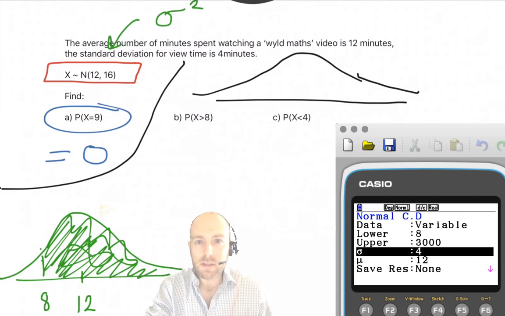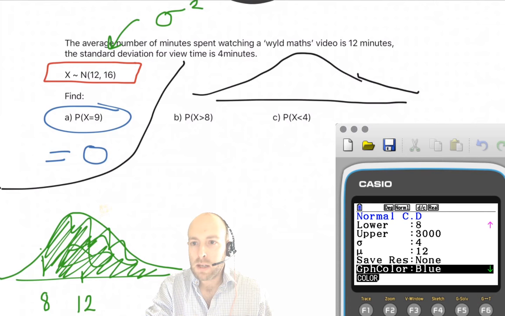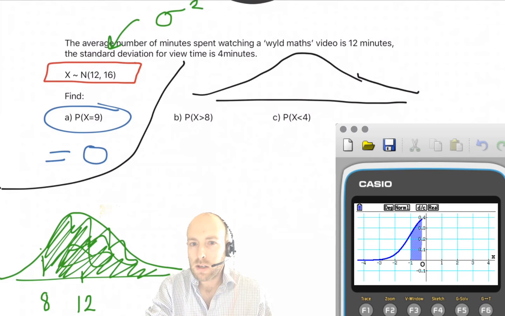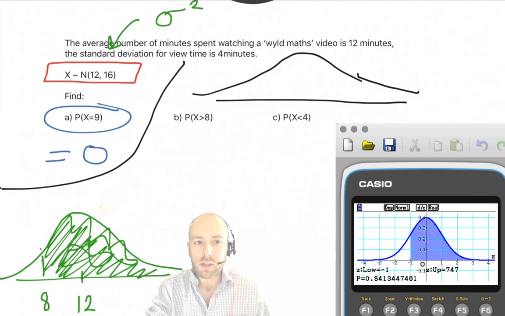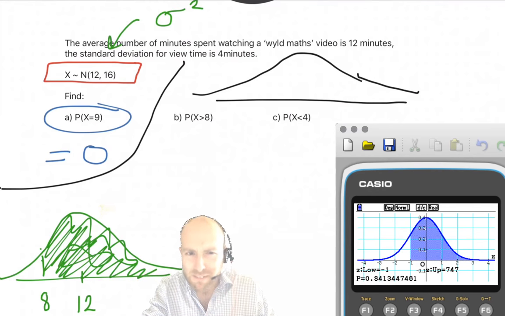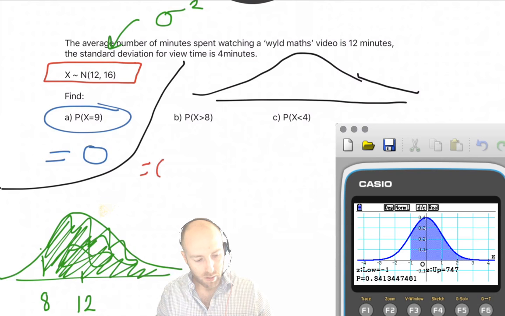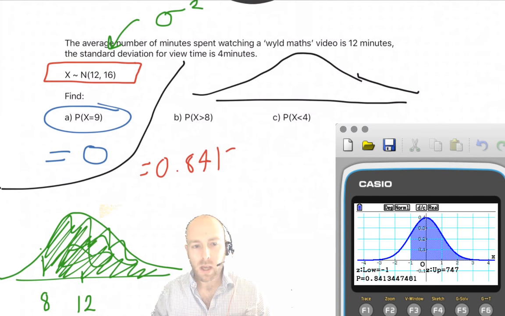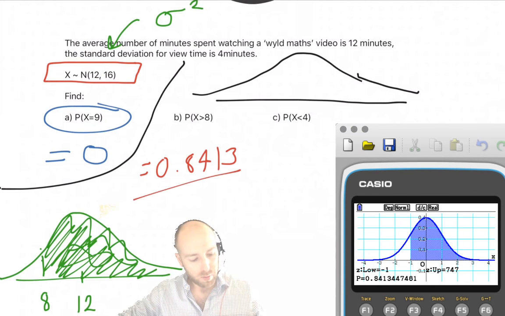And sigma is the same, mu is the same. Sketch it. There you go. My sketch was pretty good actually. If you look, they're pretty much the same. You can barely read it there, but the probability says it's 0.8413. And we always go to 4 decimal places.